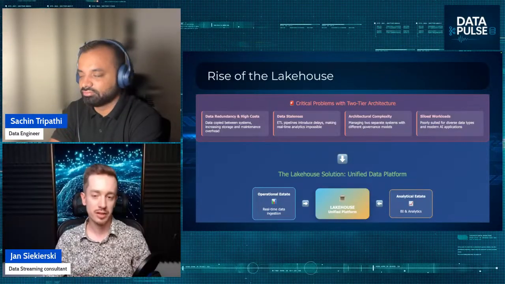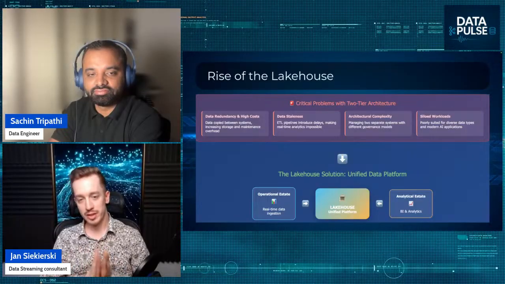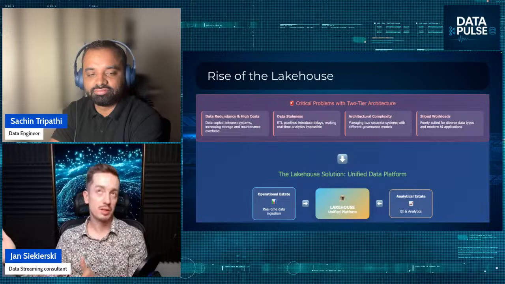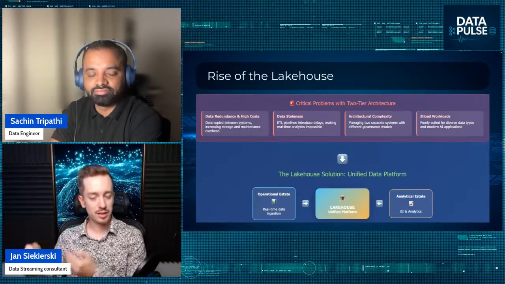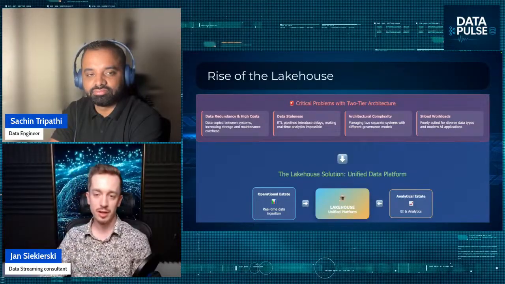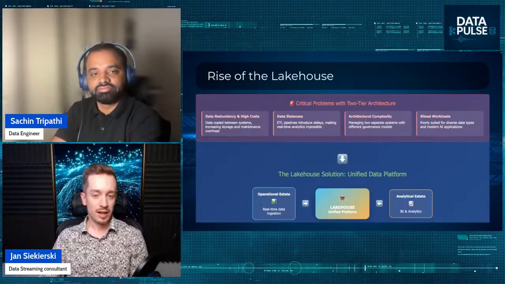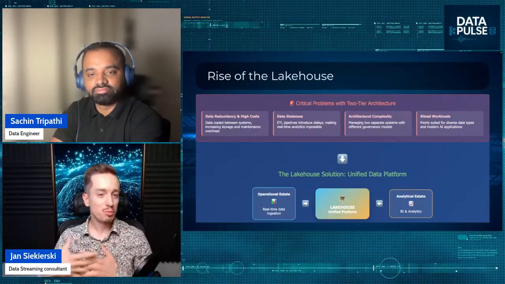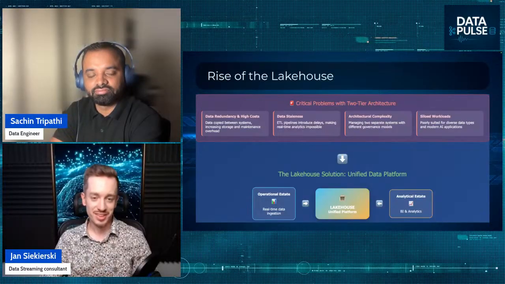It's a two-tier architecture where we have a data lake where all of the data is ingested, but then we also have data warehouses, and data from the data lake is copied to data warehouses for high performance computations. And it works, it solves the problem, but it also introduces certain challenges that Lakehouse is an answer to.